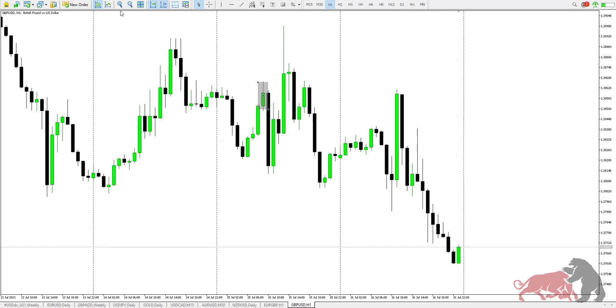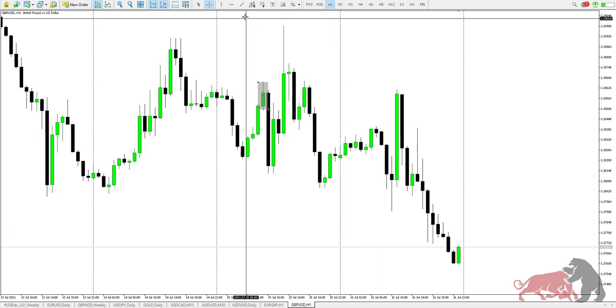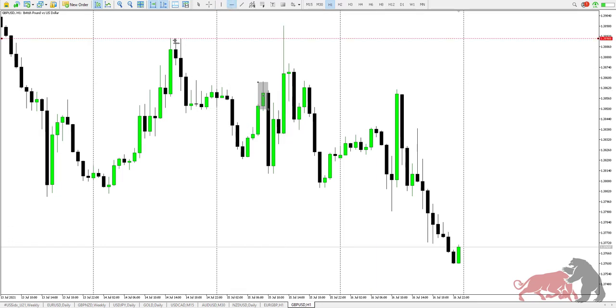Now if I come to pound USD cable, this is 11, 12, 1 p.m. Surprisingly, 1 p.m. took out the buy stops above these equal highs, and I'm pretty sure I sent you guys the reminder or heads up when price was right up here to say, guys, that's an ideal area for shorting pound USD.